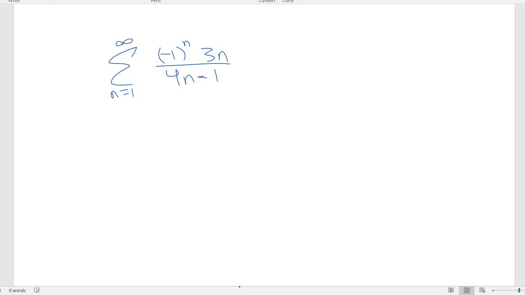Now we can see we have this alternating term here, the -1 to the n alternating term. So my b sub n, the absolute value of the terms here, is 3n over 4n minus 1. So we have to ask the first question: do these terms decrease?